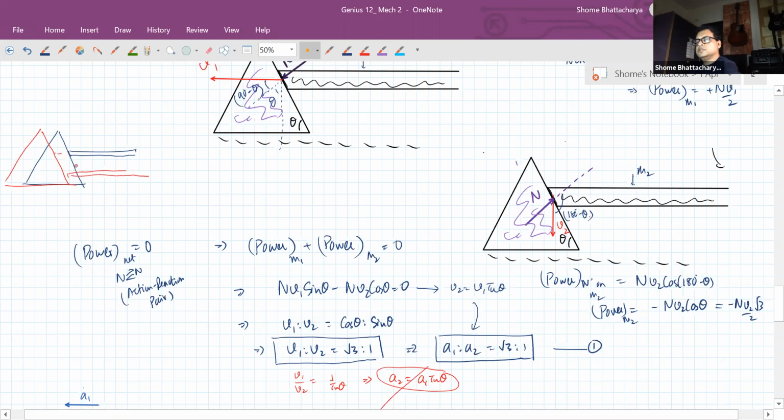So this and this. This is S1. This is S2. And this angle is theta. So you can see that S2 by S1 is equal to tan theta. So S2 is equal to S1 tan theta. So V2 is equal to V1 tan theta.